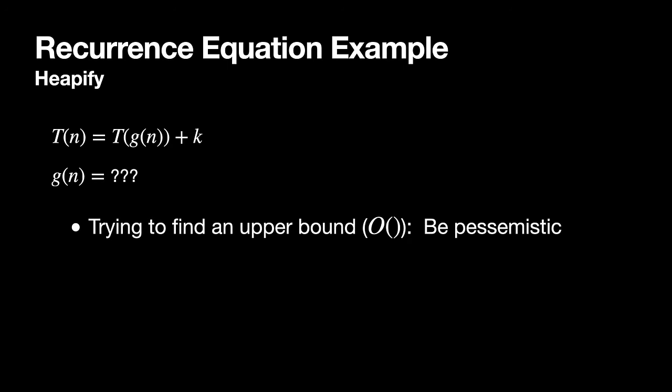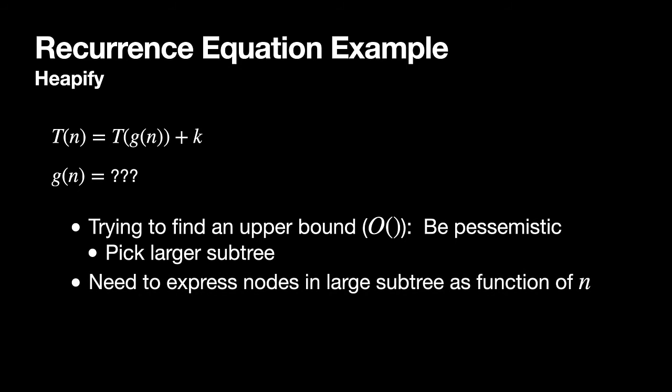So our goal here is to find an upper bound, a big O. So we may be just a tiny bit pessimistic. By that I mean we've always got two different subtrees. We want to make sure that we pick the larger of the two subtrees. Of course, we also need to express our function in terms of n.